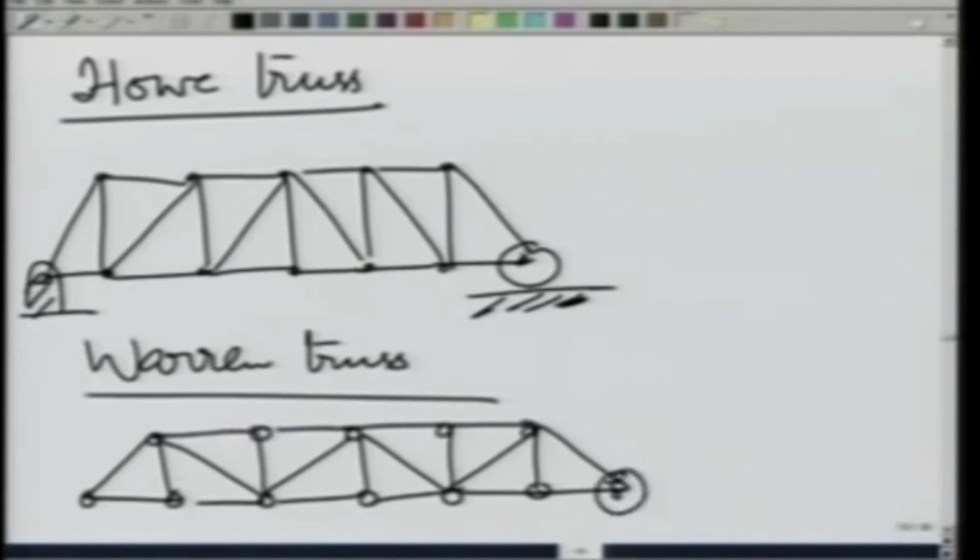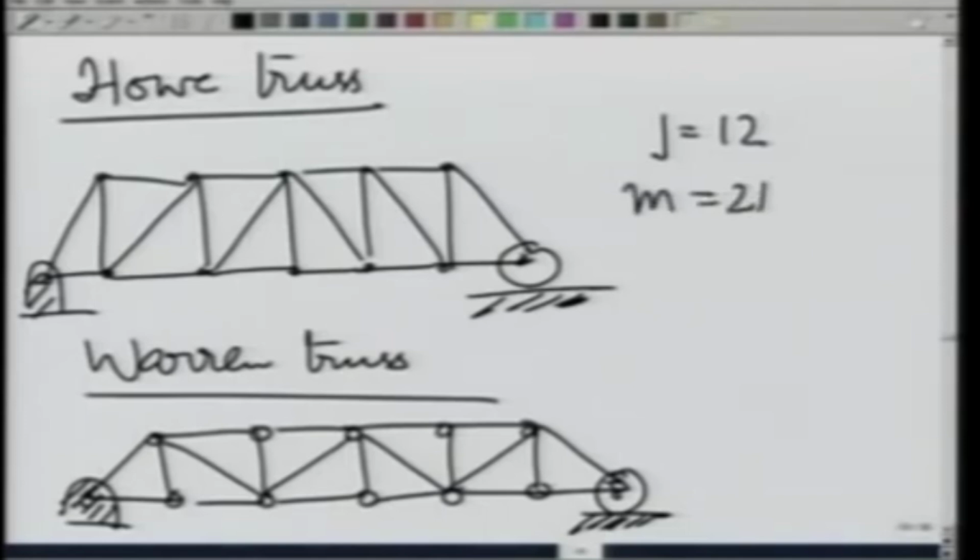And this side again I put it on a roller and this side is fixed. Again j equals 12 and m equals 21. So, they are consistent. J equals 12 and m equals 21. So, they are also consistent for them to be statically determinate trusses.